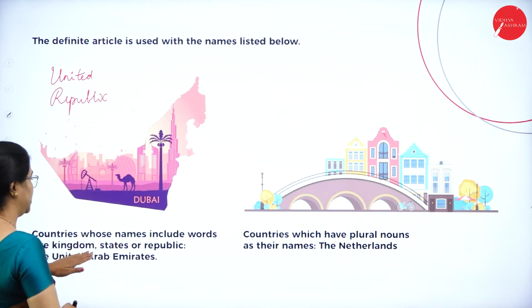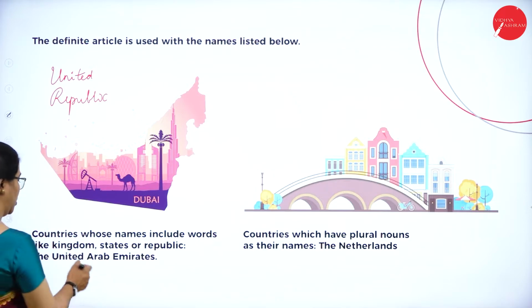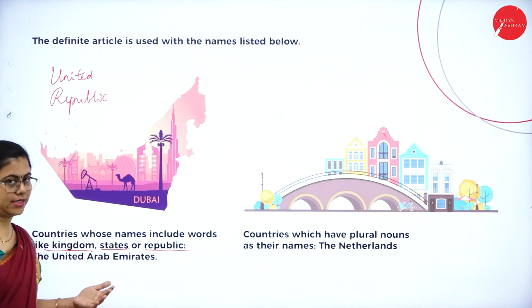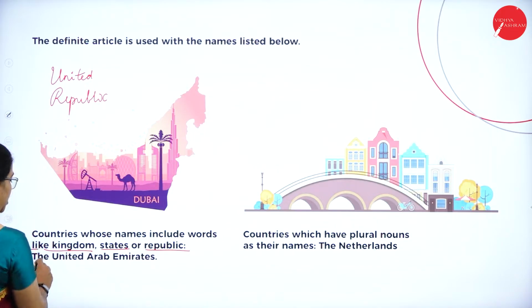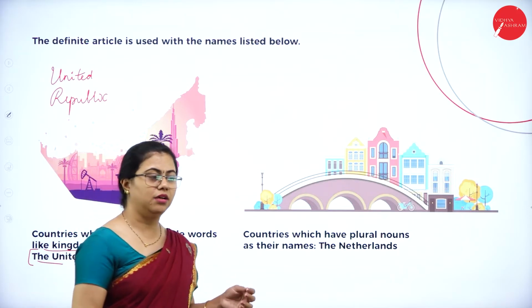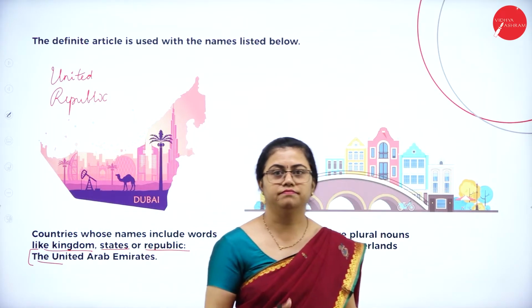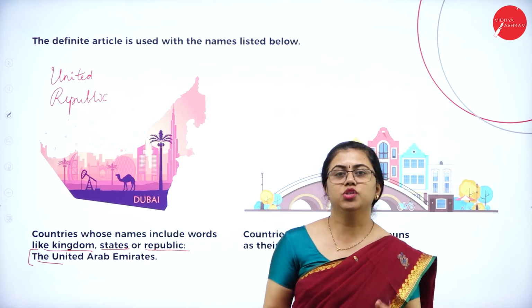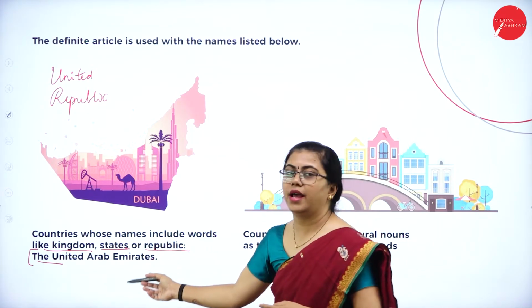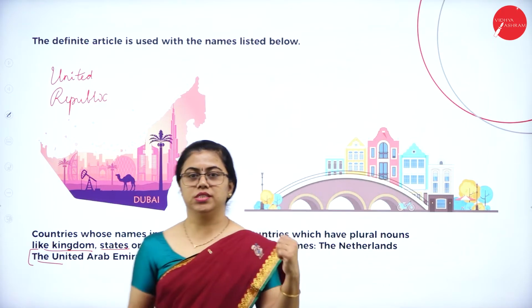Here also you can see countries whose names include kingdom, states or maybe republic. So then you use this: the United Arab Emirates, the United States of America, the Republic of Portugal. So you use the whenever you're talking about names of countries that have such words. So this is an example.